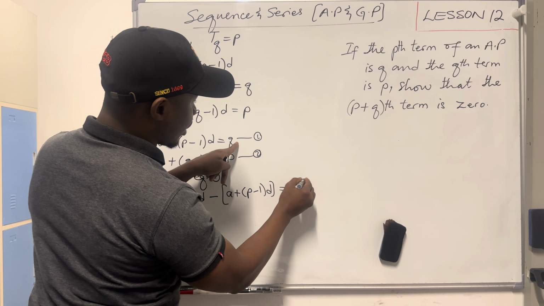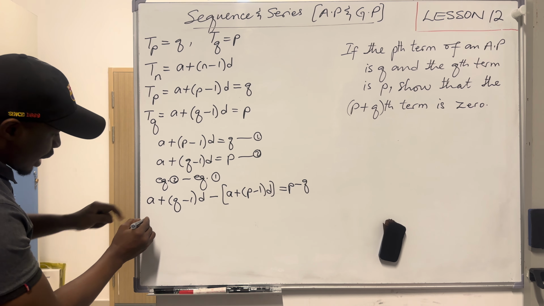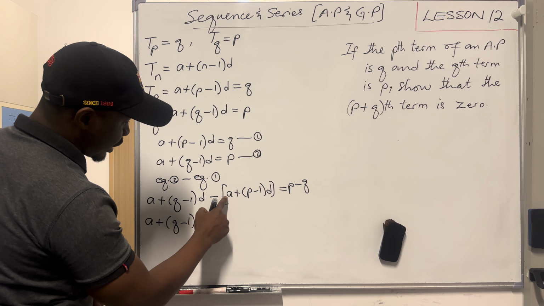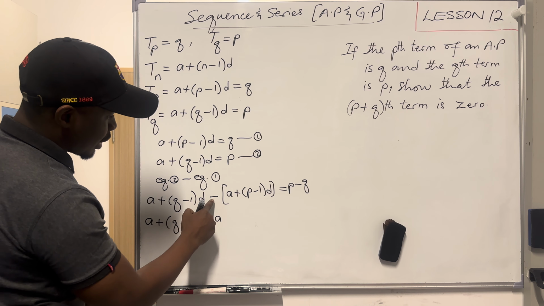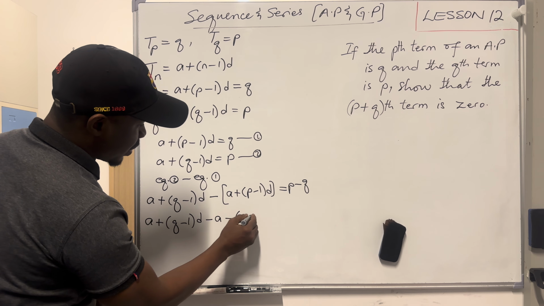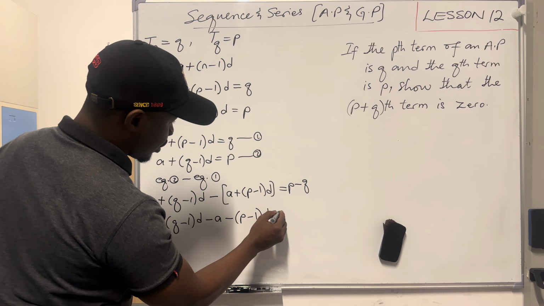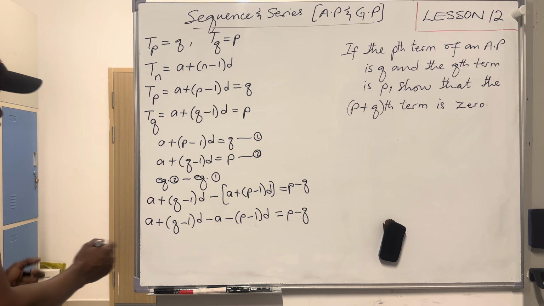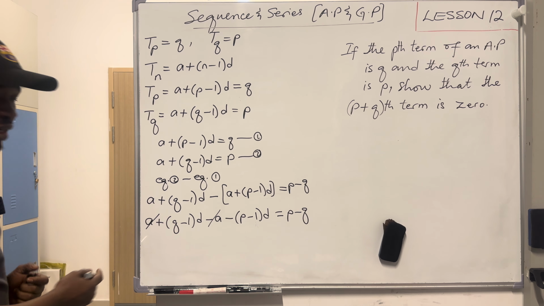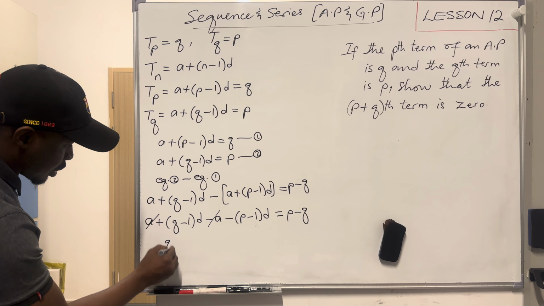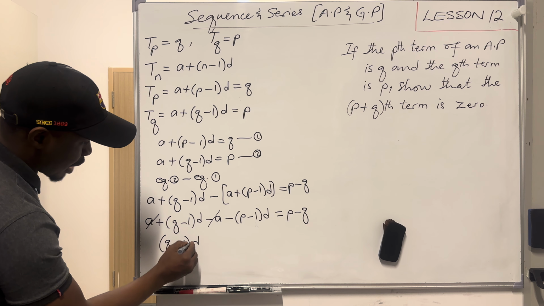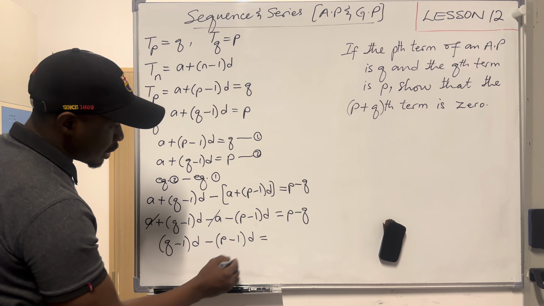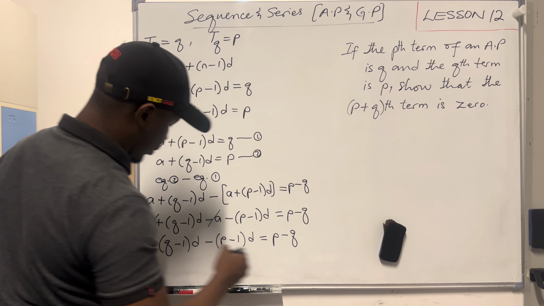That is P minus Q. So here is A plus (Q minus 1) times D. This interferes here, minus A. This interferes here, minus (P minus 1) times D, which is equal to P minus Q. Now you can see this go away, leaving (Q minus 1) times D minus (P minus 1) times D, which is P minus Q.